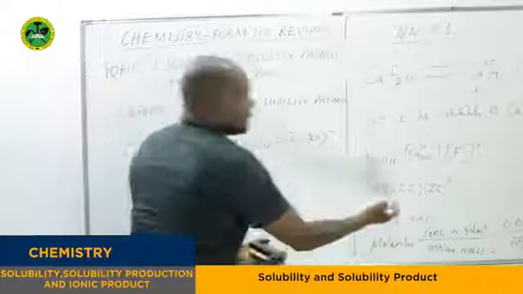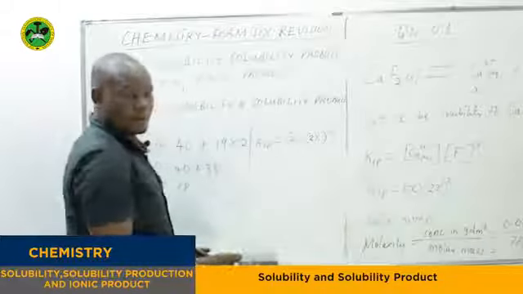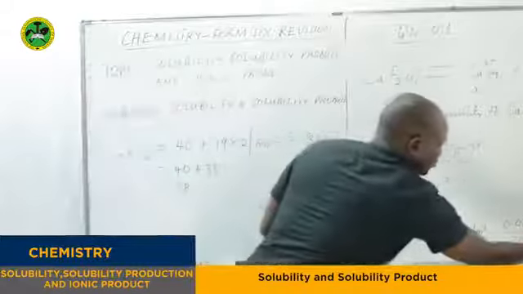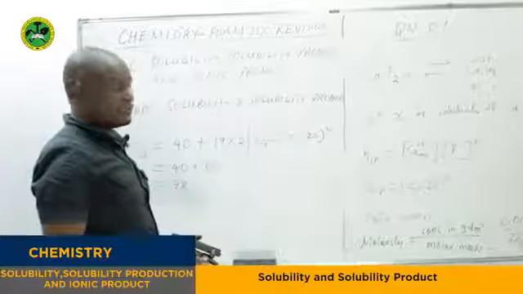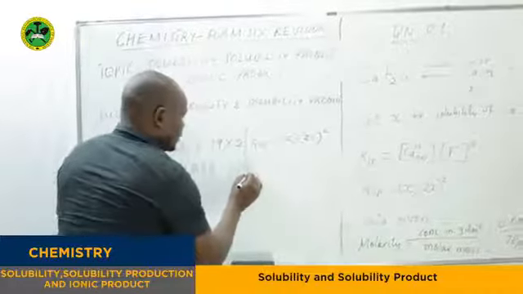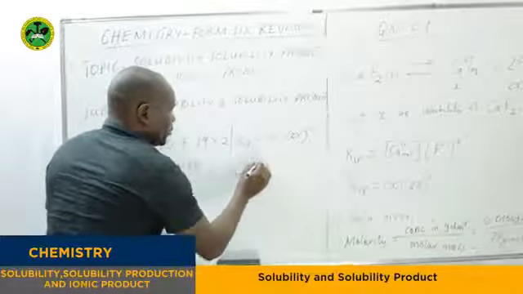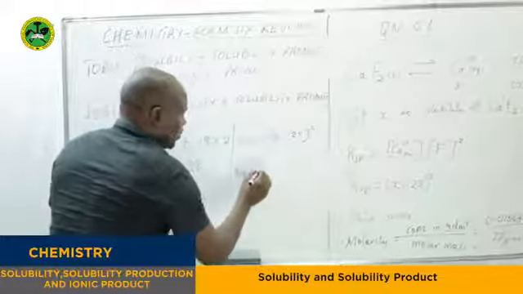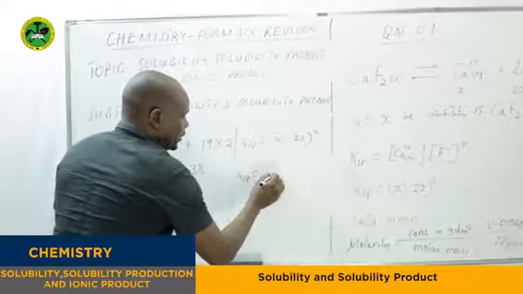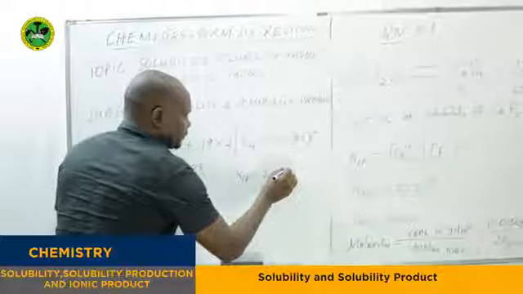But our solubility here, which is X, is 2 times 10 power negative 4. So the Ksp will now be equal to X, which is 2.0 times 10 power negative 4.